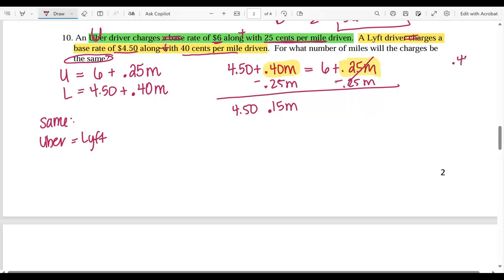So I have 0.40 minus 0.25. Borrow. 10 minus 5 is 5. 3 minus 2 is 1. And keep your decimal in the same spot.